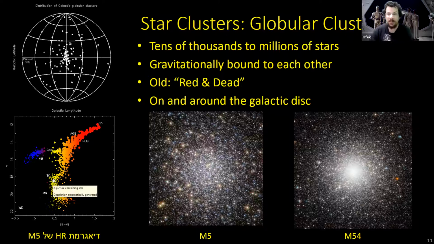So these star clusters are typically a lot yellower and redder than just your random main sequence stars, which you can find in various masses.